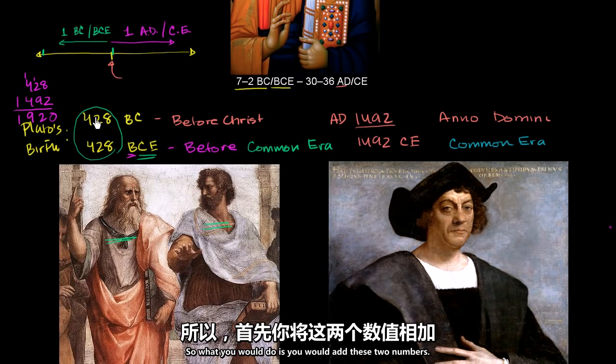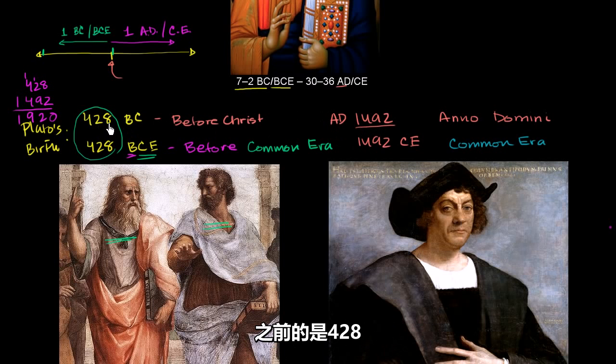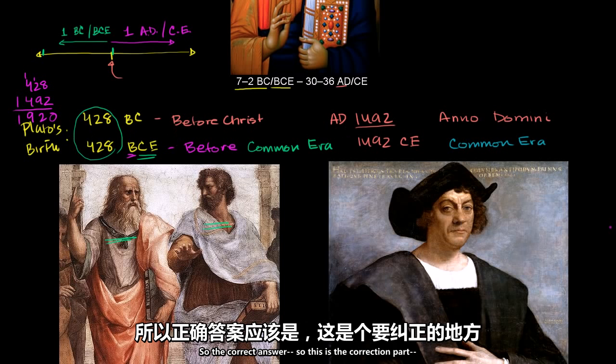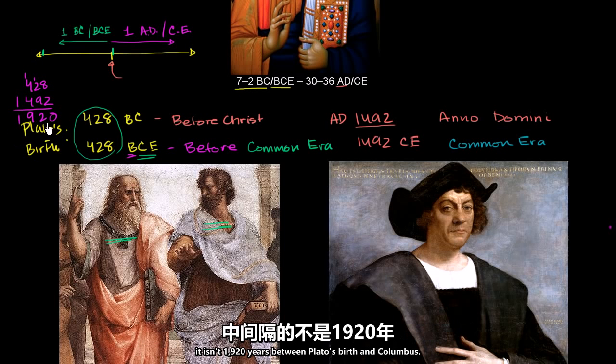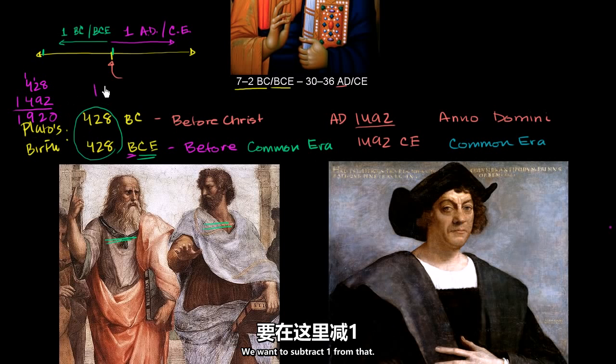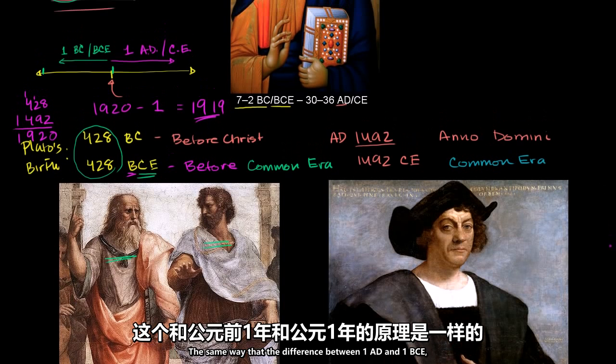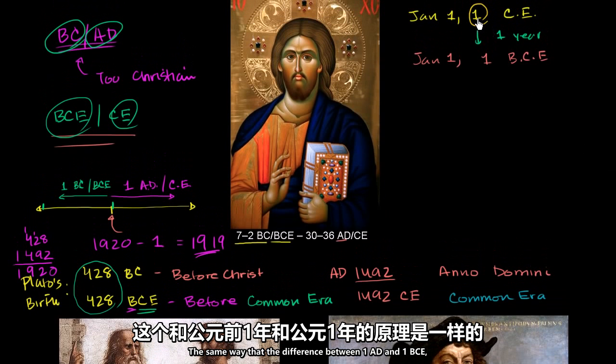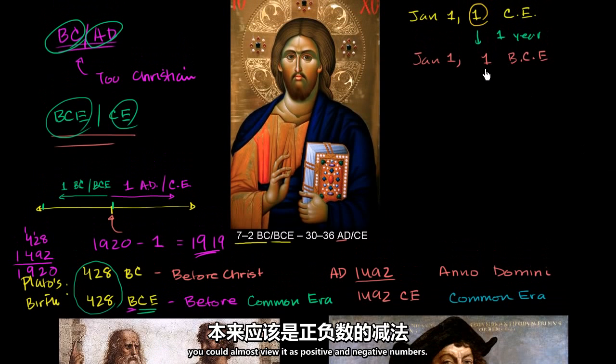So you would add these two numbers: 428 before, and 1492 minus 1 years after. So you would add them and then subtract 1. So the correct answer, this is the correction part, it isn't 1,920 years between Plato's birth and Columbus. We want to subtract 1 from that. It is 1,920 minus 1 years, so that is 1,919 years.